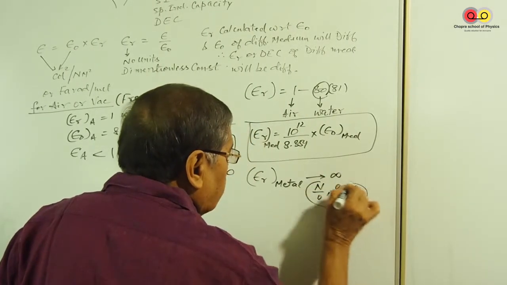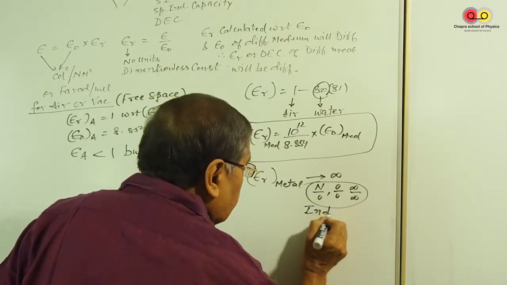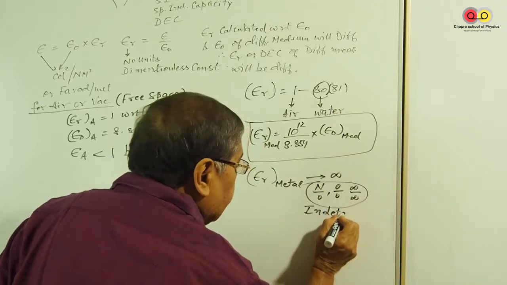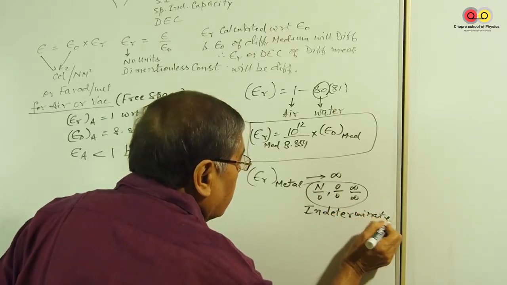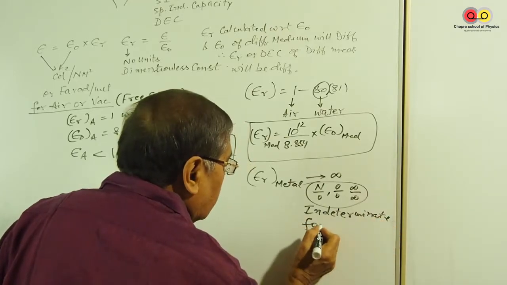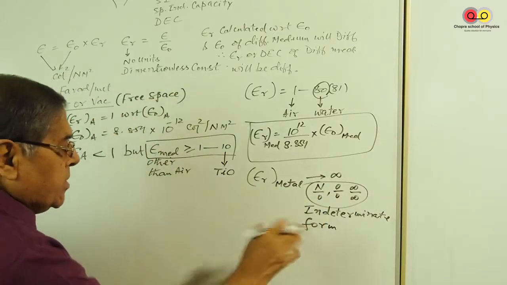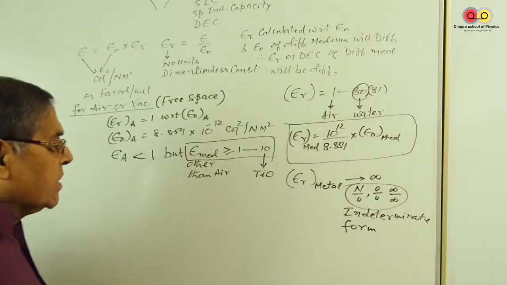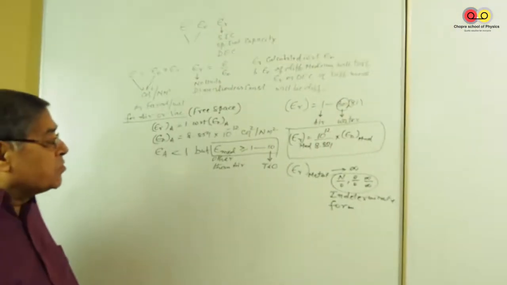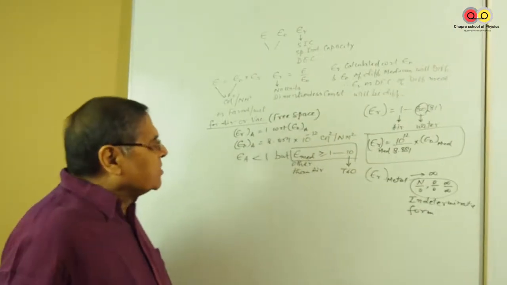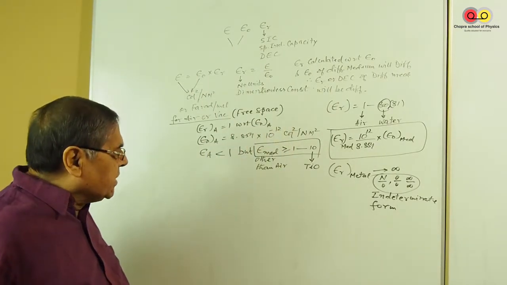This is called indeterminate form. You will know much about the indeterminate form in differential calculus when we discuss the limits of functions. So these are all about the dielectric constant and permittivities.